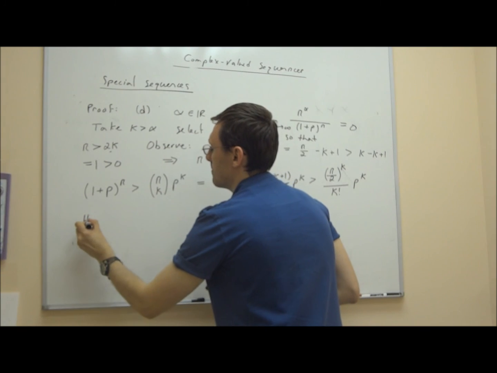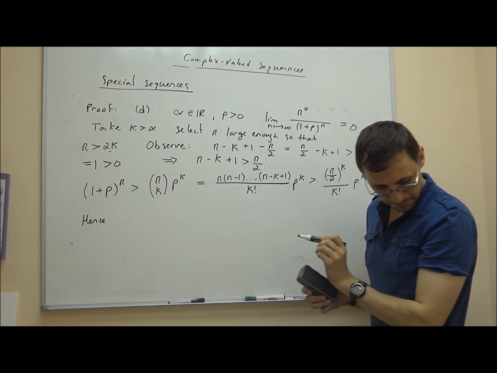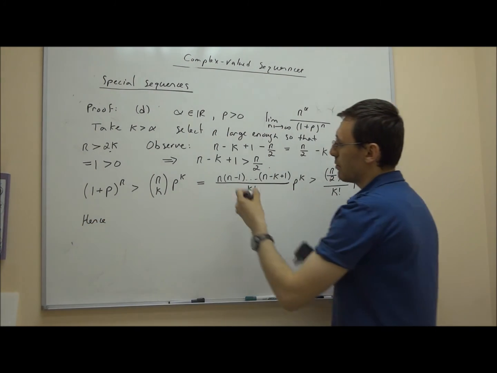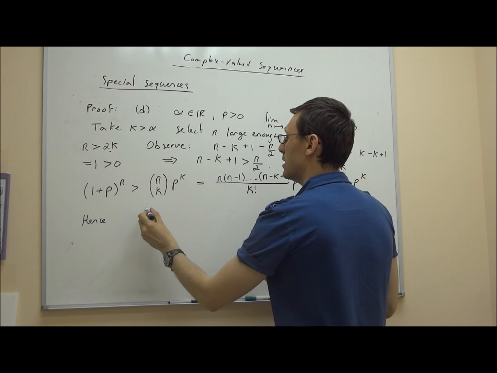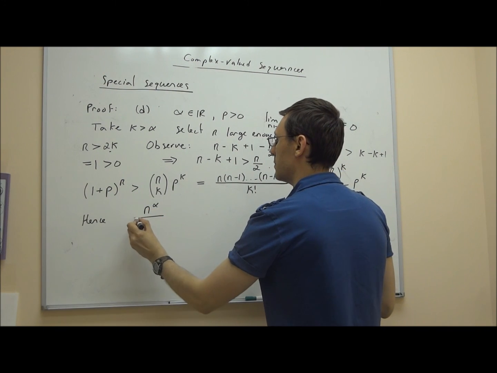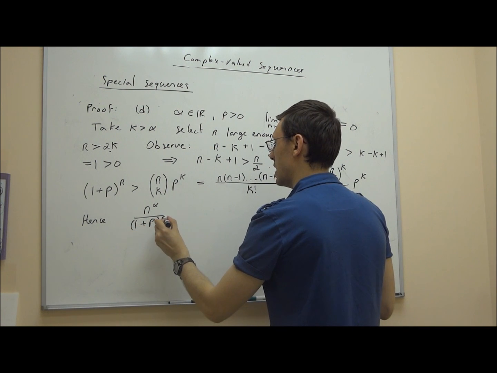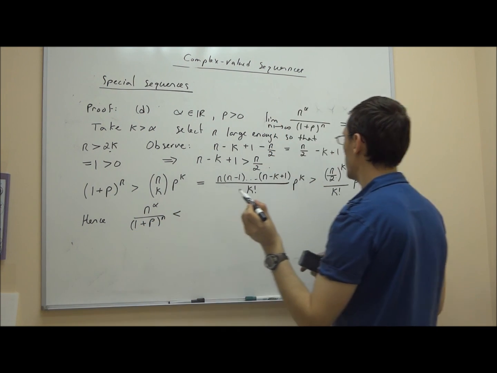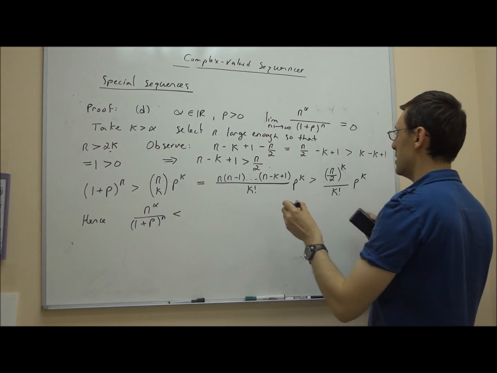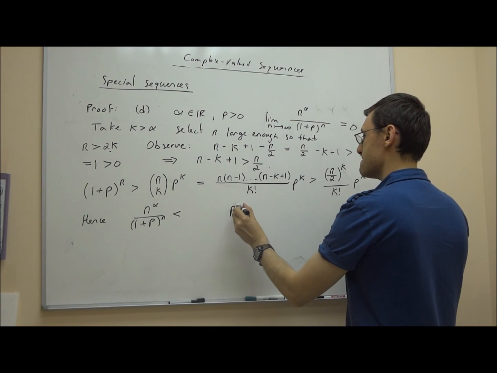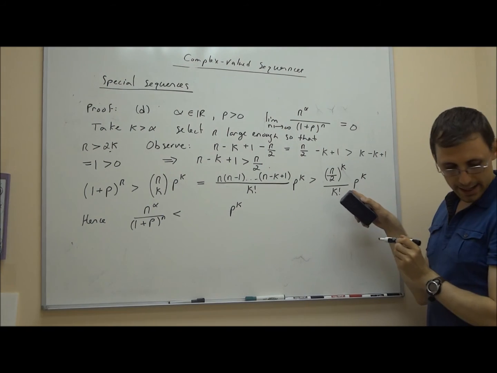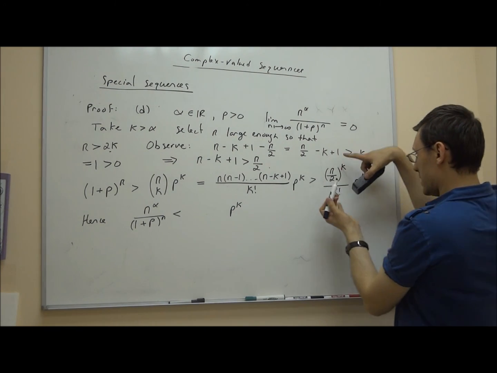Hence, once we reverse it, we have that n to the alpha divided by 1 plus p to the n is going to be smaller than p to the k multiplied by this number reversed.